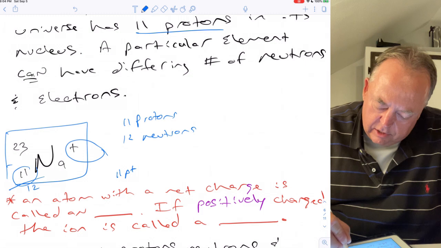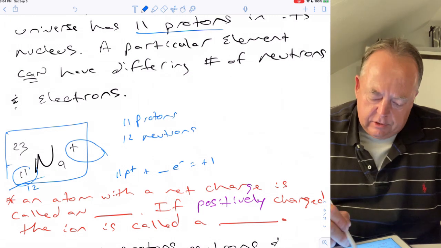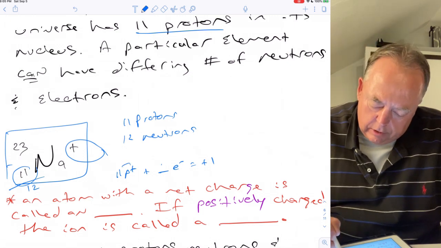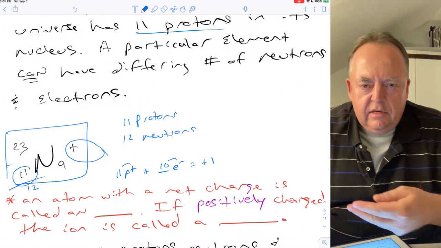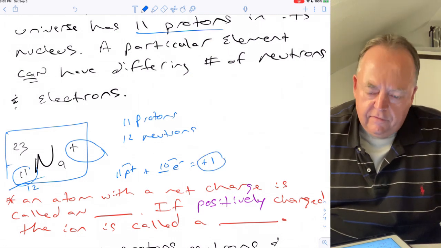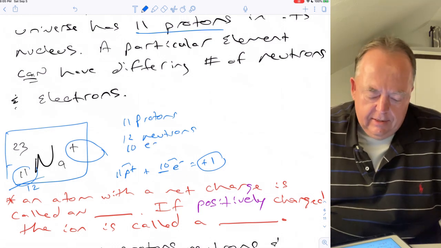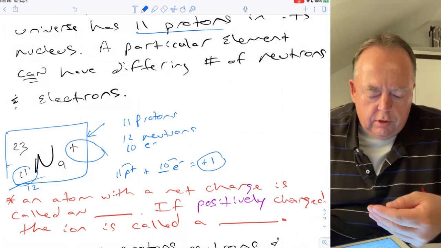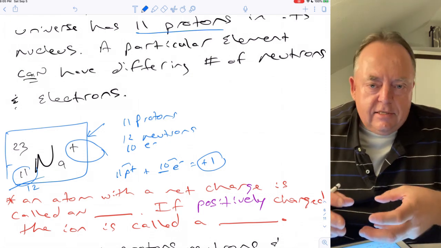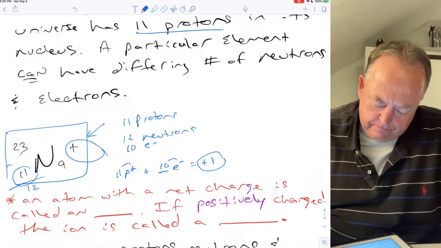And then if we add the number of electrons that are negative, it must equal +1. So if we have 11 positives, then we only have 10 negatives. Right? And so if we add 11 positive and 10 negative, we get a net +1 left over. So there must be 10 electrons. Right? So if the atom has a positive charge, again, it has more protons than electrons. However many positives it has, that's how many more protons it has than electrons.